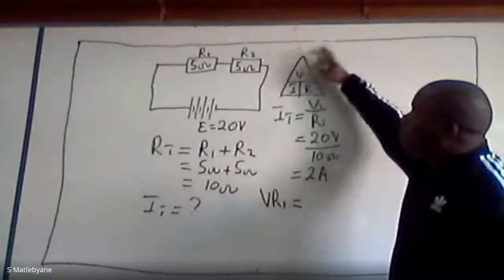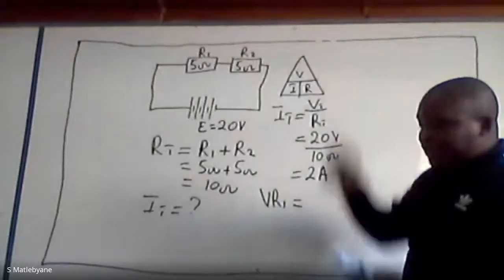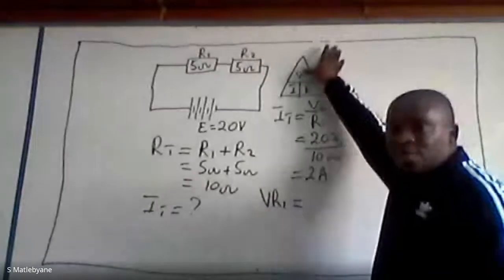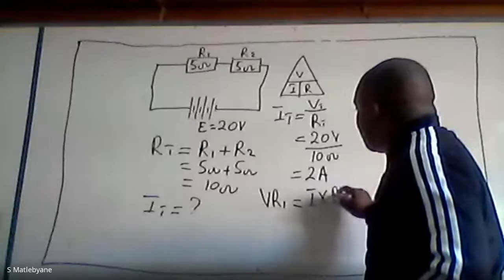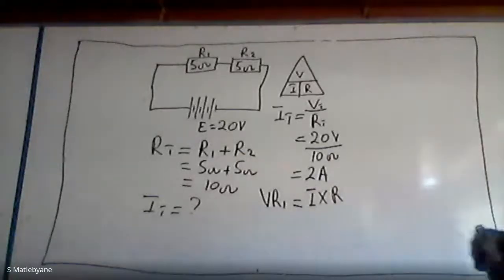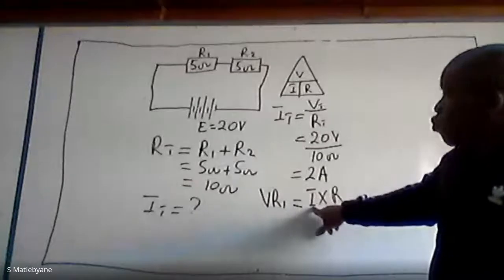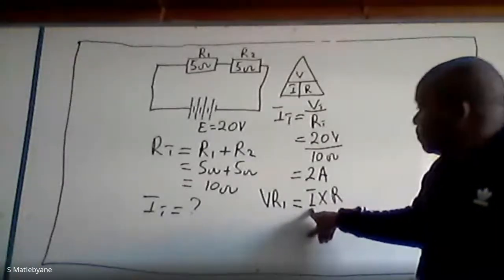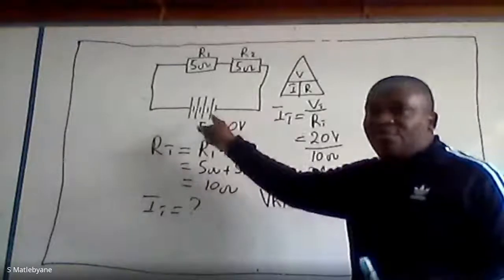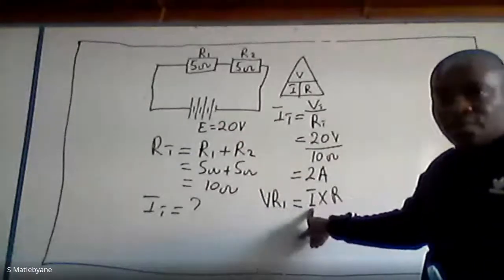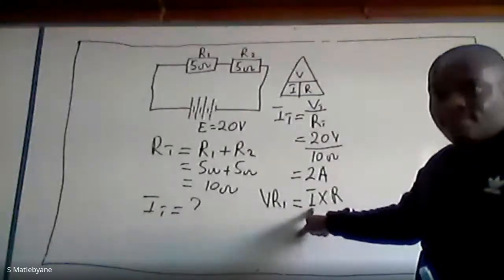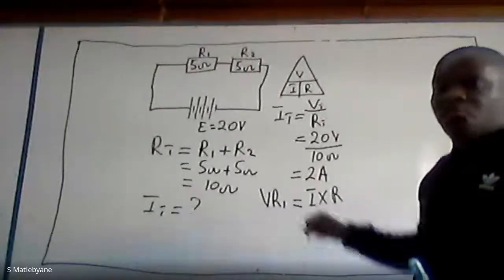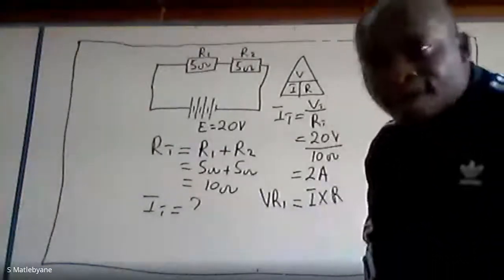When we calculate voltage, we multiply current and resistance. So block V, then I and R. Current and resistance. Now, which current are we using? The circuit is in series. Which current are we using to do the calculation?